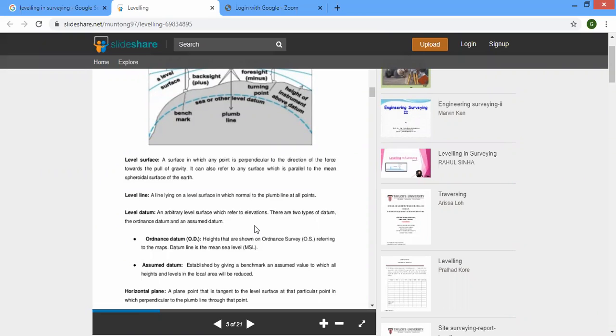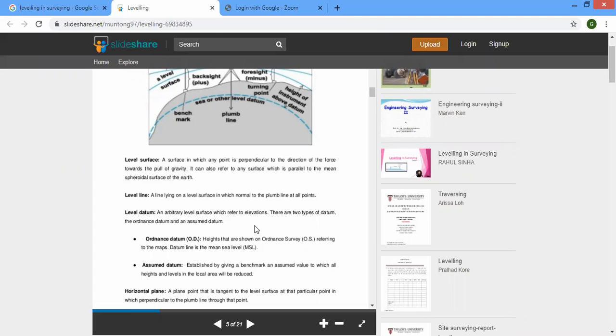So in that case, what we will do, near to the construction area only, I will take one random point such that that point shall be visible from every corner of your construction site. I will take that random point, that is called the assumed datum, or you call it a benchmark. I will assume some level to that, say plus 100 meters or plus 200 meters, and with respect to that level, I will calculate the level of the remaining area in the construction site.